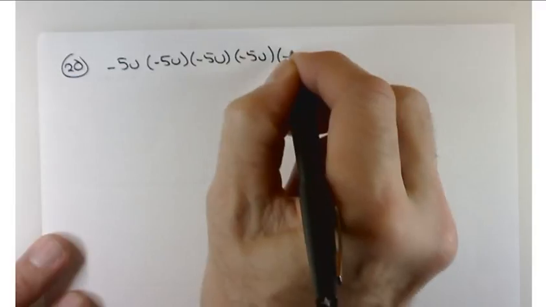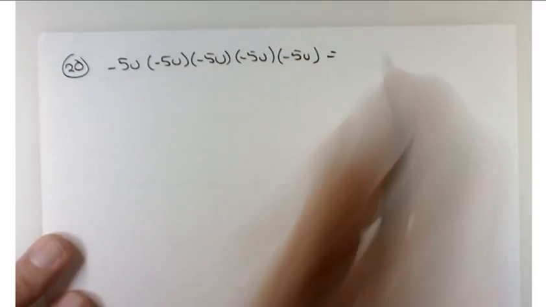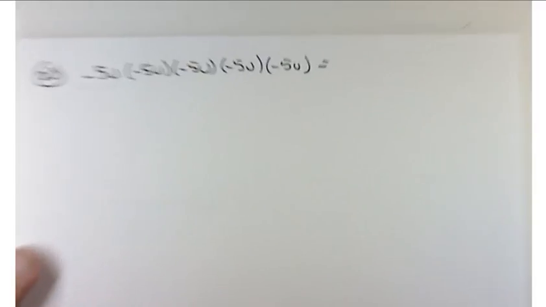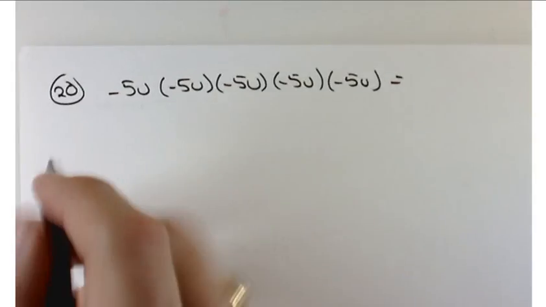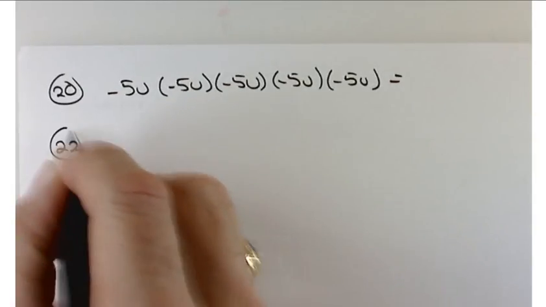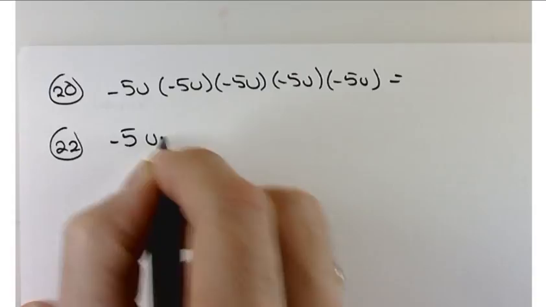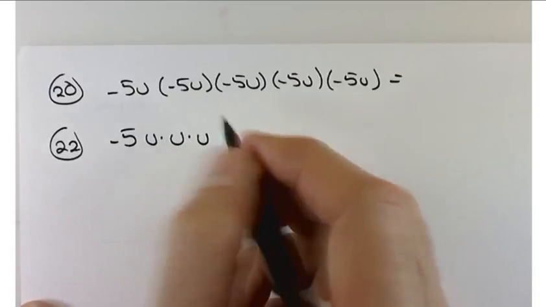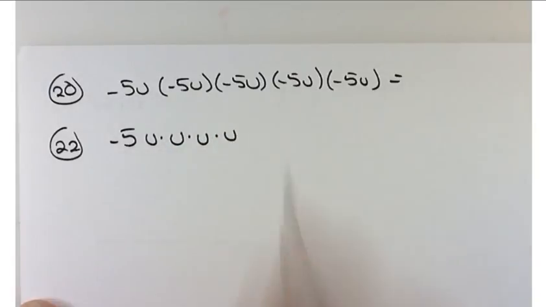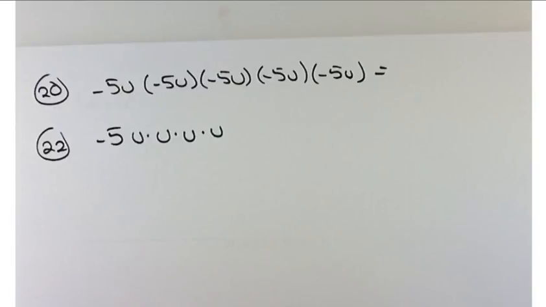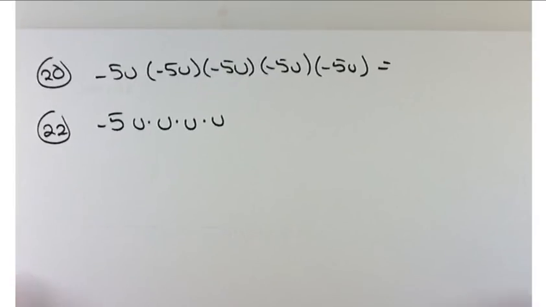One last one, negative 5u. I want to write that with exponents. Likewise with problem number 22. Negative 5 of u times u times u. And I'm going to add a bonus one in here, u as well. I think the book only has 3. I wanted to do 4. So the goal is to see if you can't write both of these with exponents.